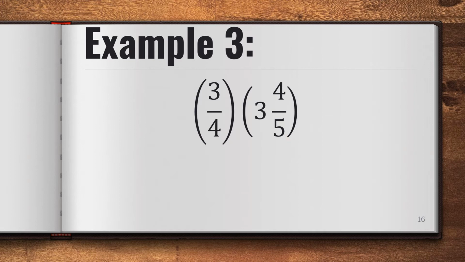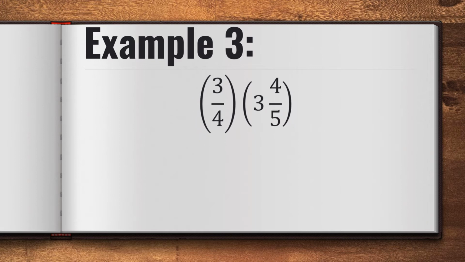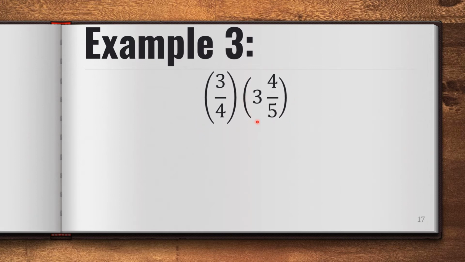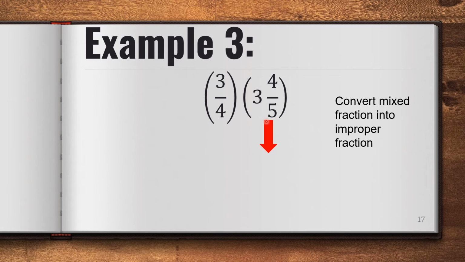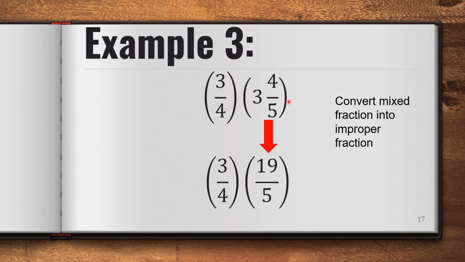The first thing you have to do is convert the mixed fraction into an improper fraction. How are we going to do that? Just multiply 5 times 3, that is 15, and then plus 4. So we have 19 over 5 as its equivalent improper fraction. Then you proceed with our rule.